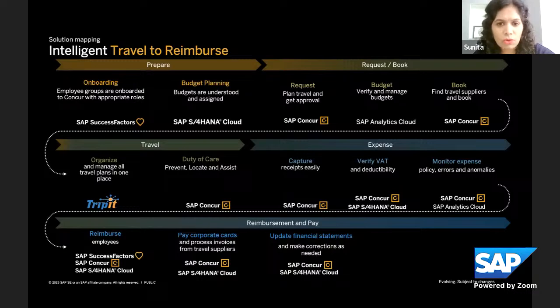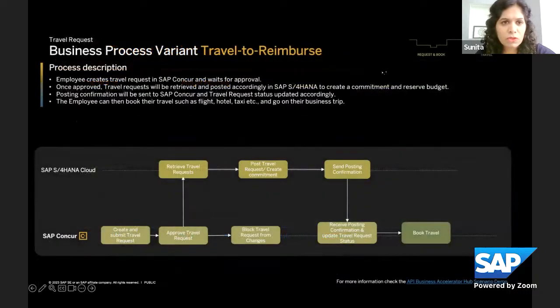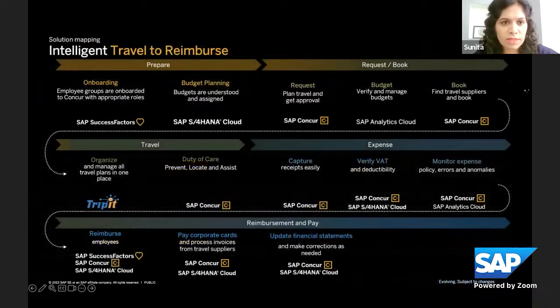Let me now go through and highlight some of them. So as you can see, Jake, you could just go back. I'll just walk through the process steps itself, starting from preparation for the process.